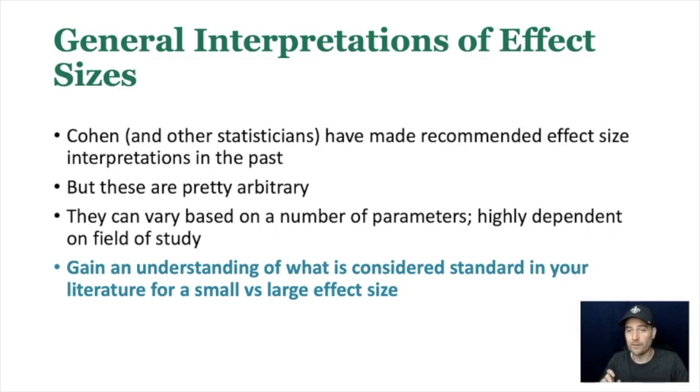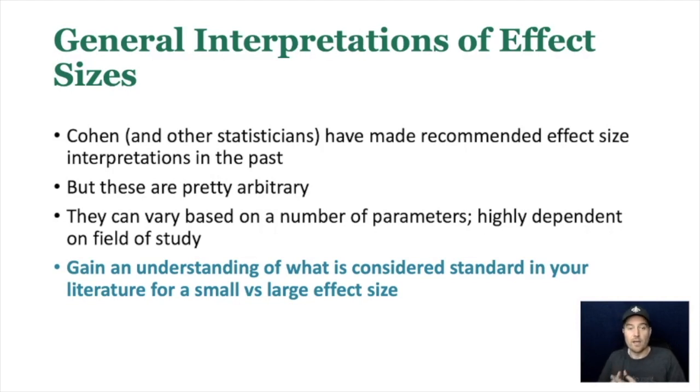For example, an R of 0.3 may be huge for one field, but really disappointingly small for another. So in order to really understand what is big and what is small, you really need to gain an understanding of what is considered standard in your literature for a small versus large effect. This applies to both the standardized and the simple effect sizes.